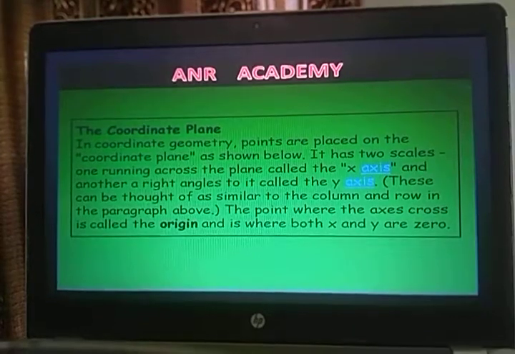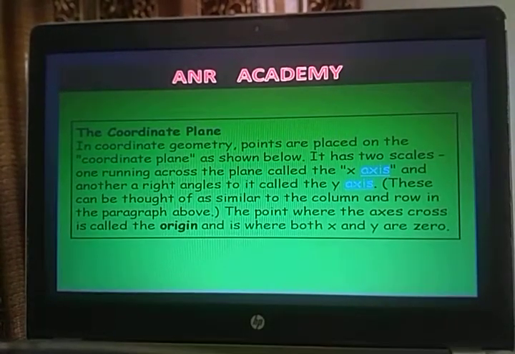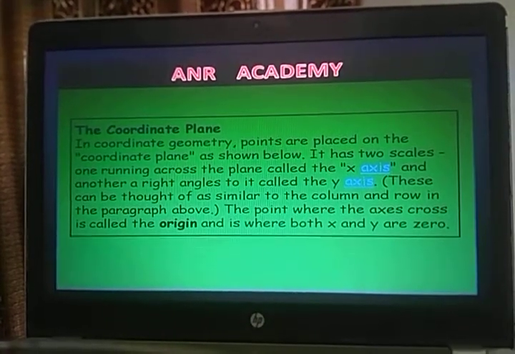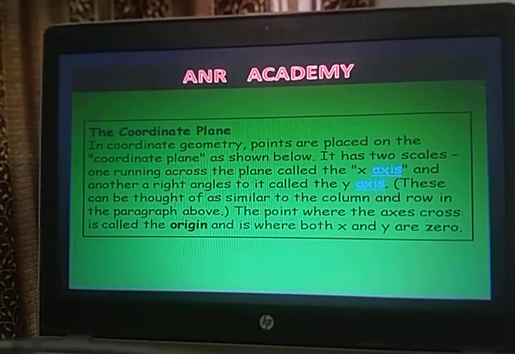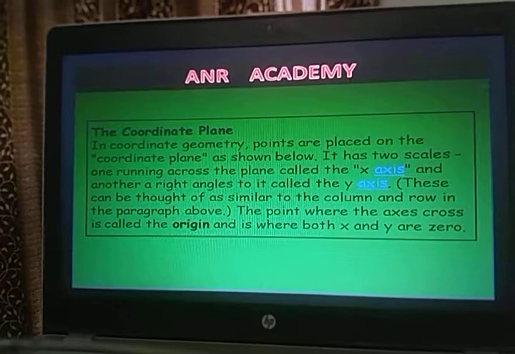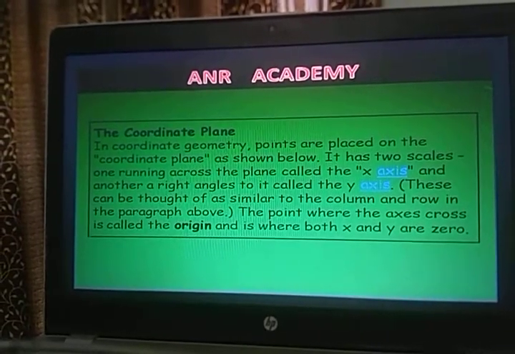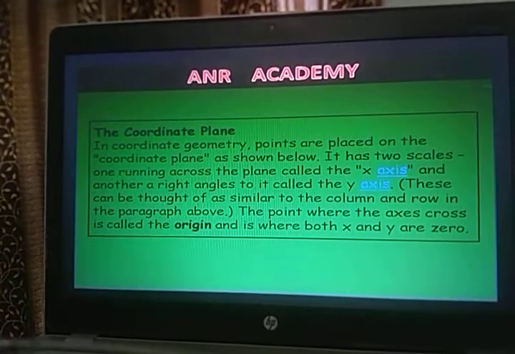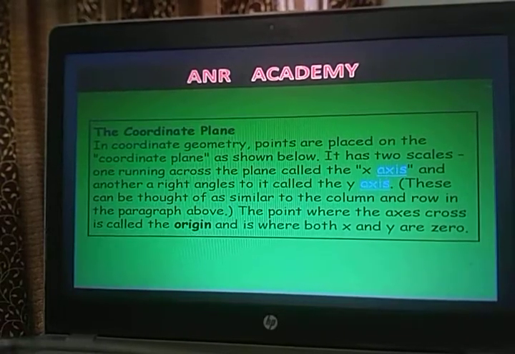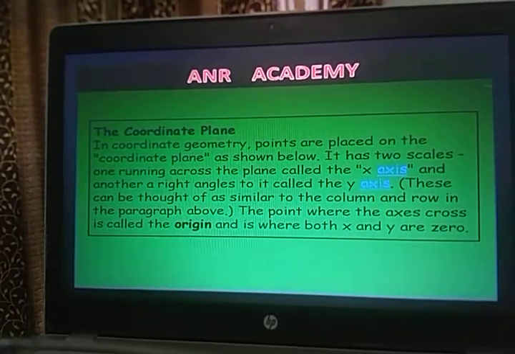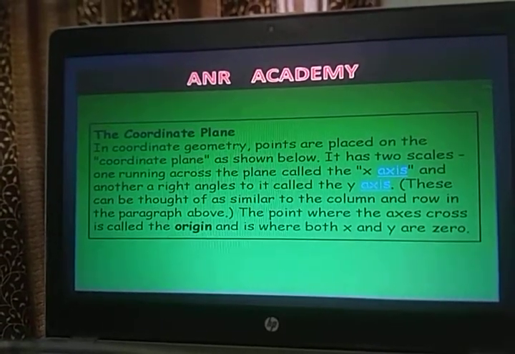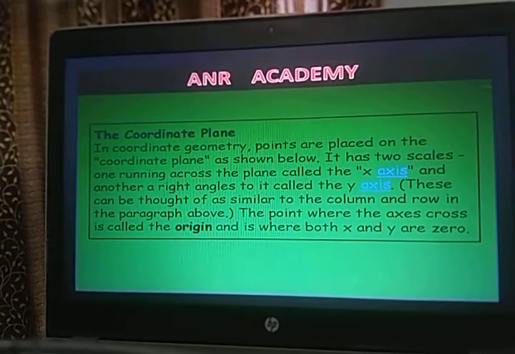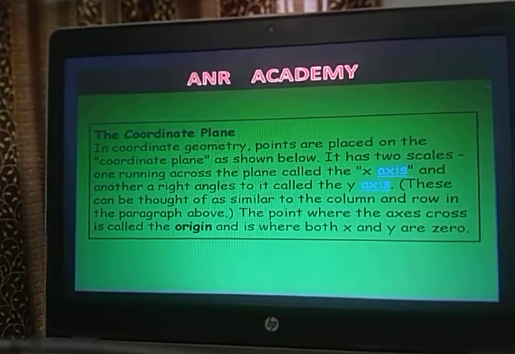So what is a coordinate plane? In coordinate geometry, points are placed on the coordinate plane as shown below. It has two scales, one running across the plane called the x-axis and another at a right angle to it called the y-axis. These can be thought of as similar to the column and row in the paragraph above.